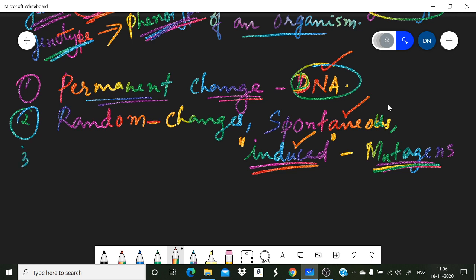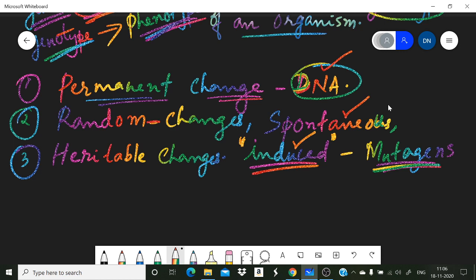And most of the mutations are heritable changes. Almost all types of mutations, except a few, are heritable changes. They can be inherited from one generation to another generation.